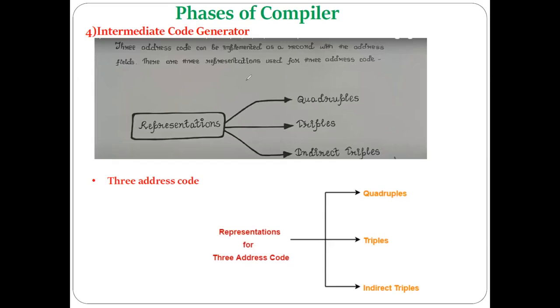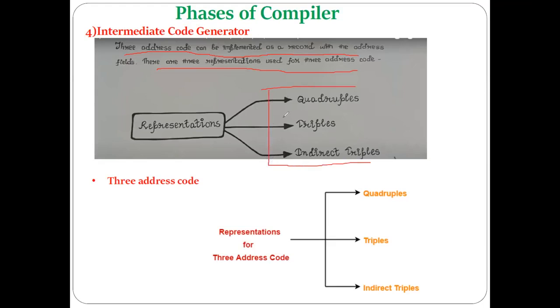The machine code generation process will become simpler and more efficient. Okay, so three address code can be implemented or represented as a record with different address fields, and there are different representations of three address codes. There are three important representations.